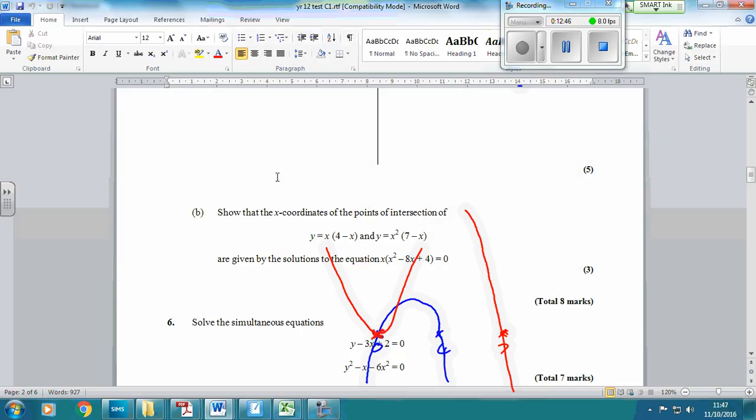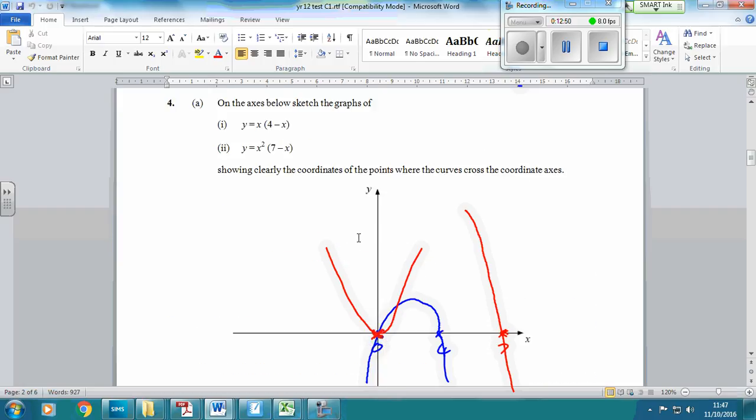Right, so if we're looking for the solution at the point of intersection, which is going to be this point here and this point here, because this graph goes down steep and this one goes down less steep, because this one's an x cubed and this one's an x squared, they're going to meet somewhere down there.